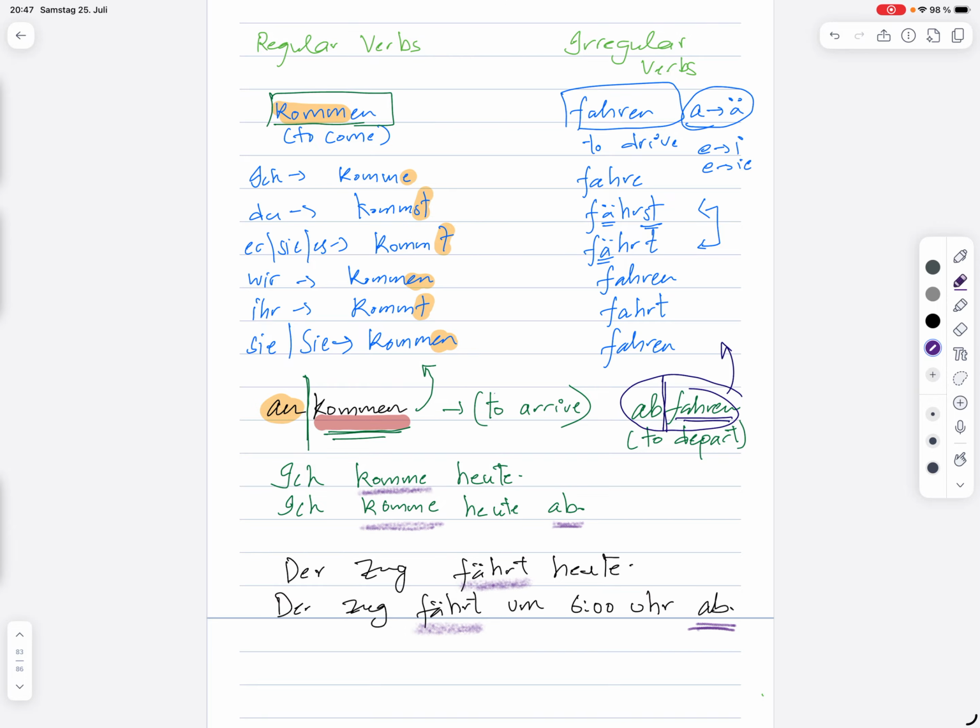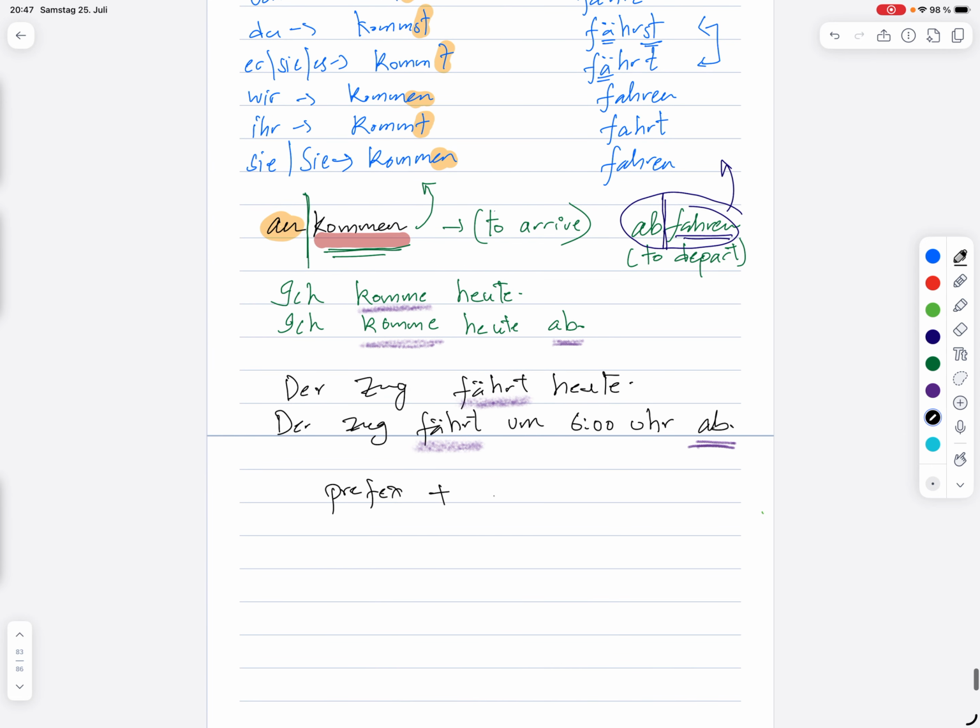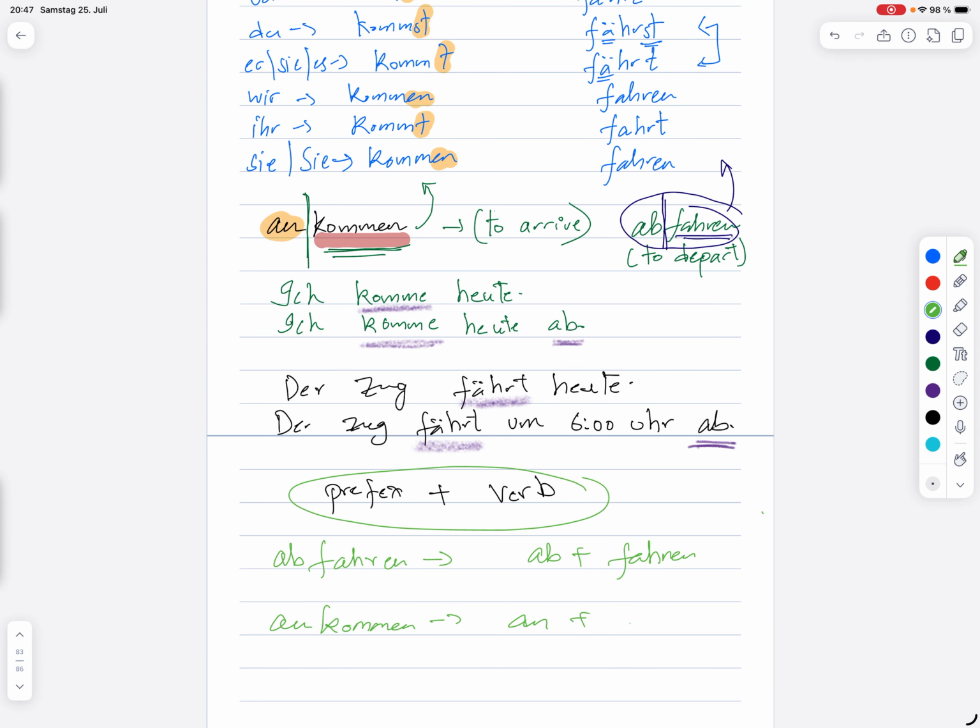So the special feature of the Trennbare verb is that it has a prefix plus verb, right? So the examples we saw were abfahren, which came from ab plus fahren, and ankommen, which came from an plus kommen, right?